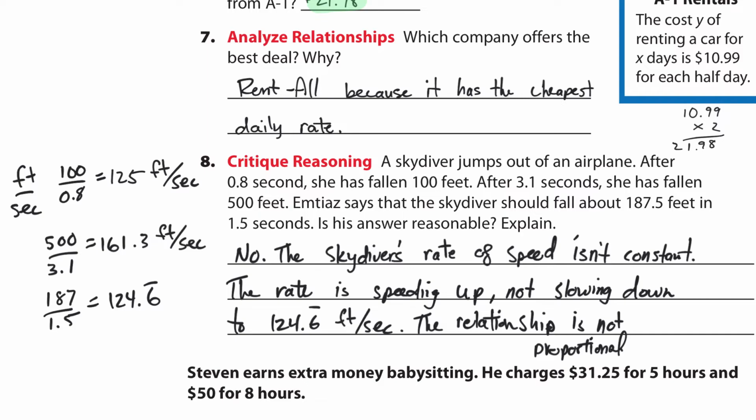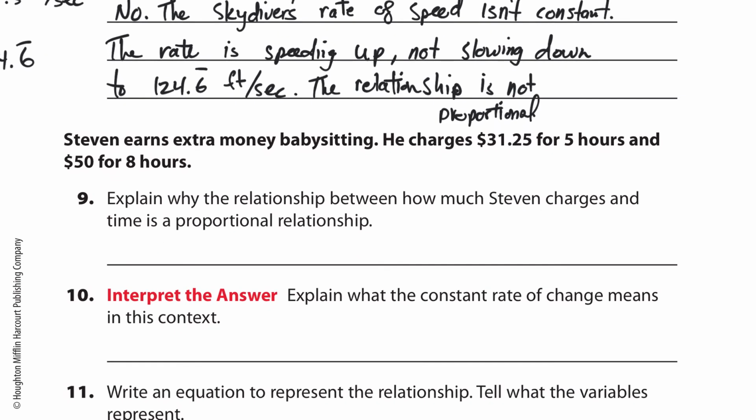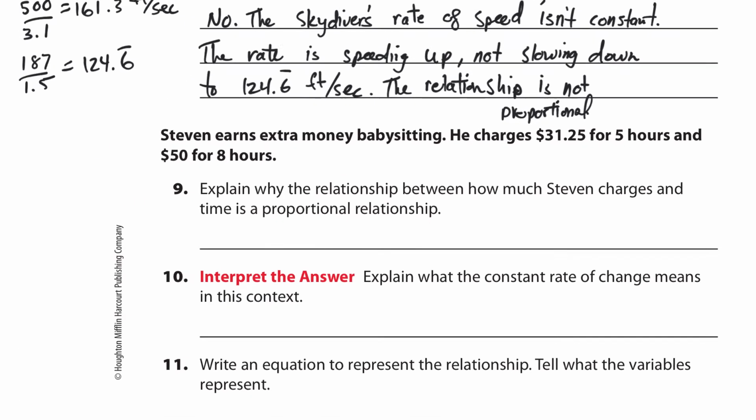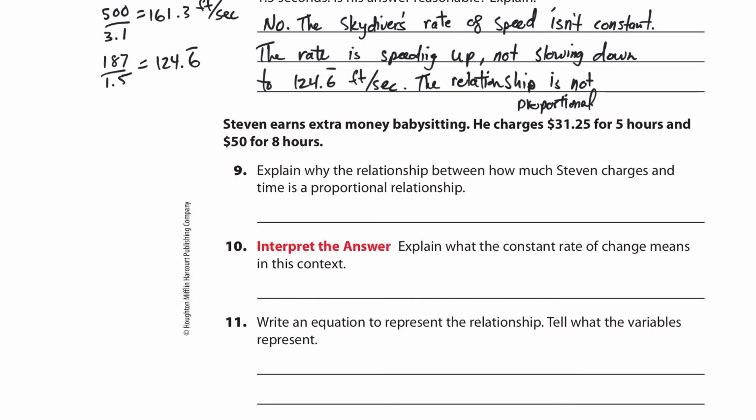All right, so moving ahead to number 9. In this problem, Stephen earns some extra money babysitting. He charges $31.25 for 5 hours and $50 for 8 hours. Explain why the relationship between how much Stephen charges and time is a proportional relationship. Well, to figure that out, we have to find the rates. $31.25 for 5 hours.